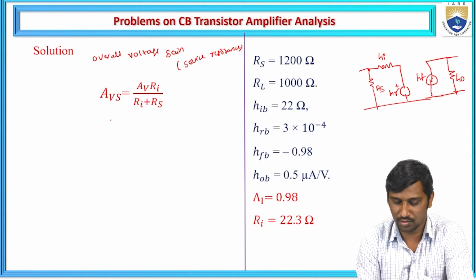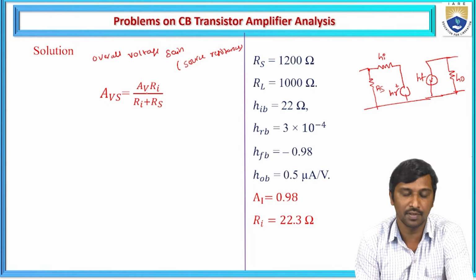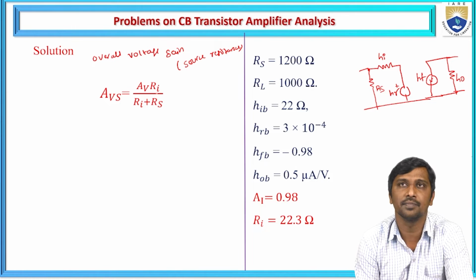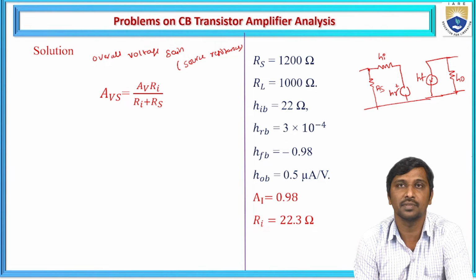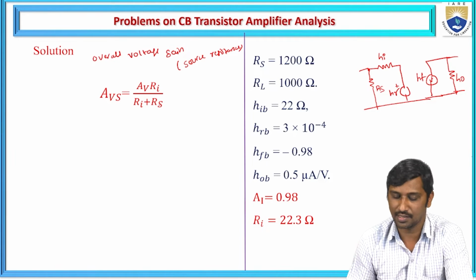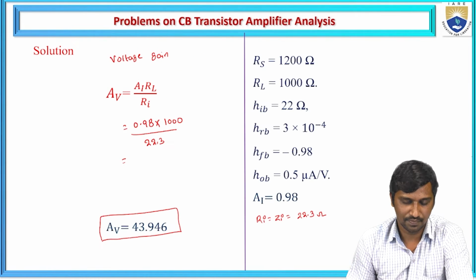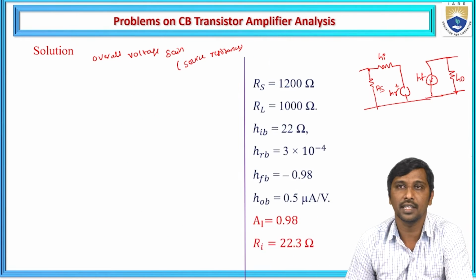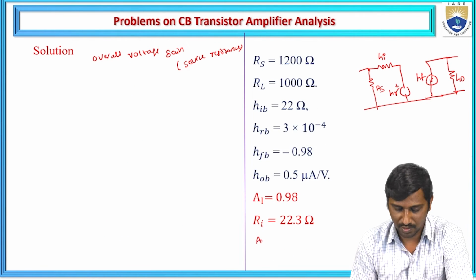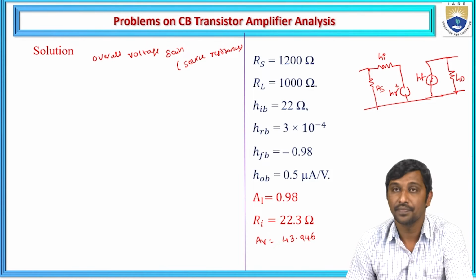So we observe this voltage gain Av parameter as well as the input impedance parameter, then in the given problem statement they specify the source resistance value, that is Rs. So for this case, the Av value is 43.946.